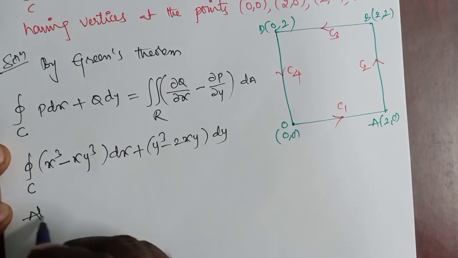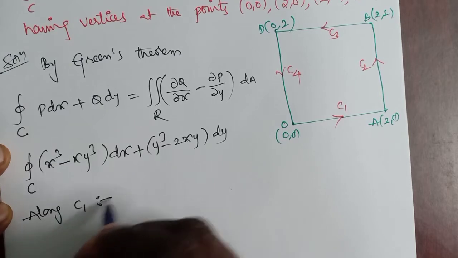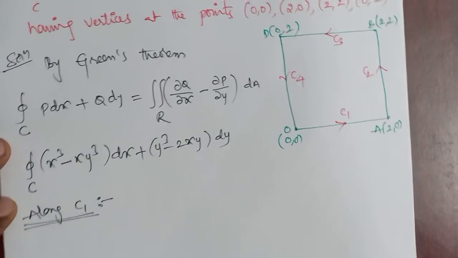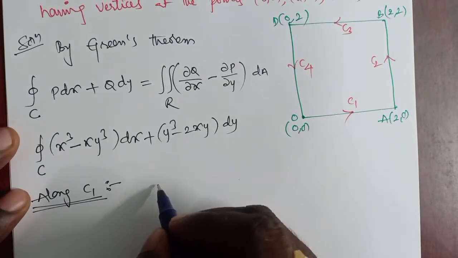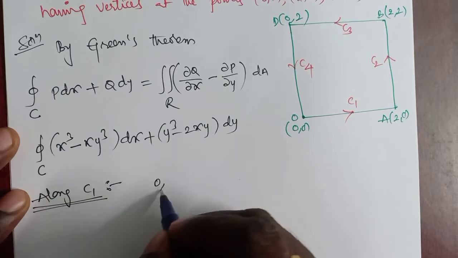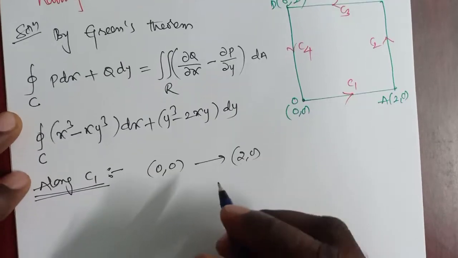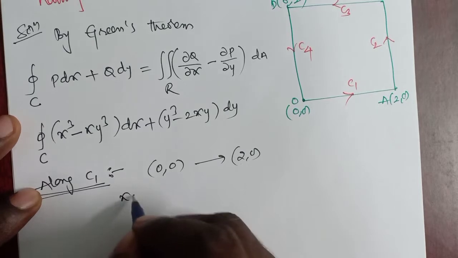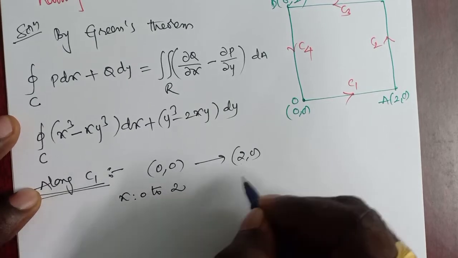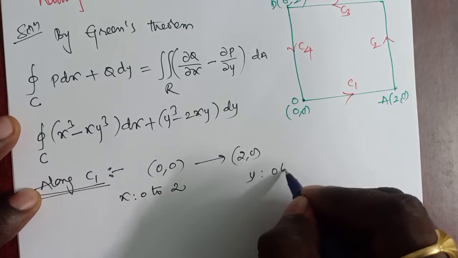The first one is along C1. So along C1, what are the variations we have to observe? It is from 0 0 to 2 comma 0. So clearly x ranges from 0 to 2 and y ranges from 0 to 0.